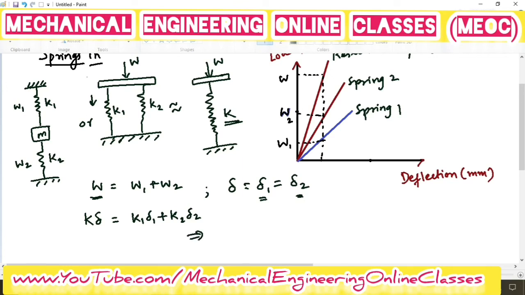Therefore, if delta 1 and delta 2 are equal, then K delta will be equal to K1 delta plus K2 delta, and delta can be cancelled out. We will remain with the combined stiffness K equal to K1 plus K2. So it is mere summation of the stiffnesses of springs.